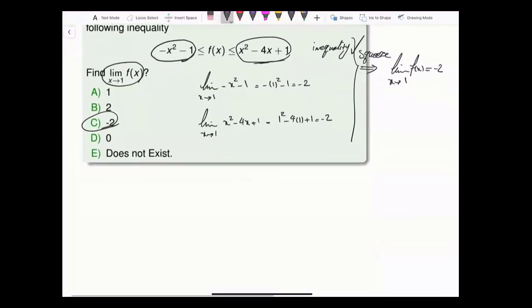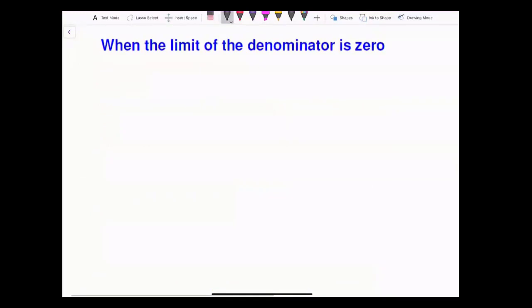Yes. Thank you. Okay, so the fourth topic, when the denominator is zero. So why are we discussing this? Because you remember when you're trying to find the limit of a quotient as x goes to a, you can do the limit of the numerator over the limit of the denominator as x approaches a. Well, this is a lie.